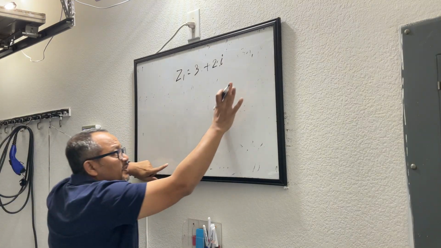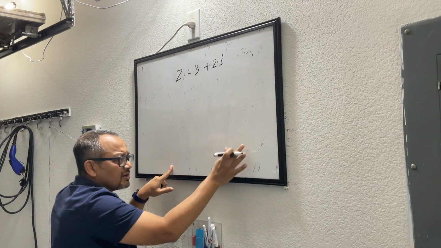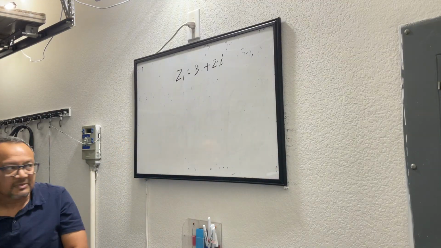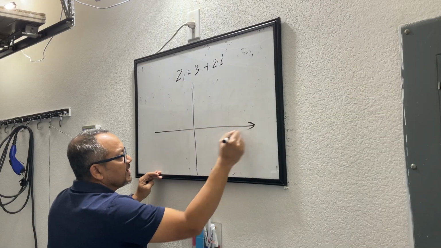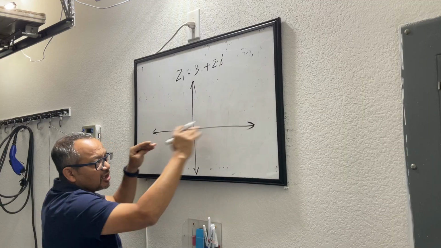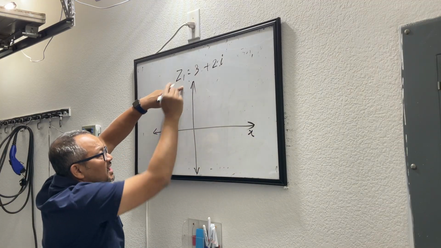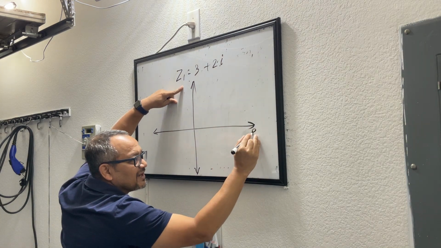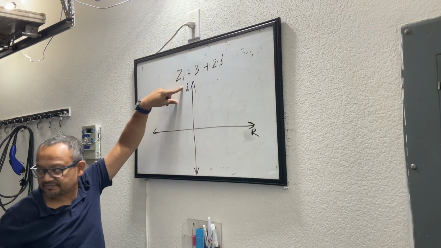So in the previous classes, we also talked about how we plot or locate a complex number in a complex plane. And the complex plane is nothing different from the coordinate plane that we are used to seeing. In the coordinate plane, the horizontal axis is called the x-axis and the vertical axis is called the y-axis. Here we don't call them x and y, we call them the real axis and the imaginary axis.